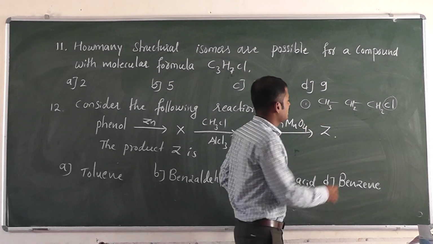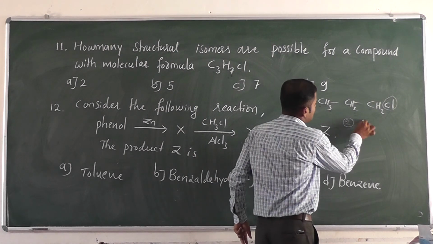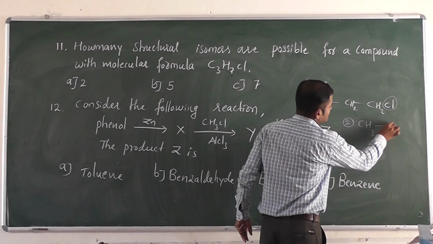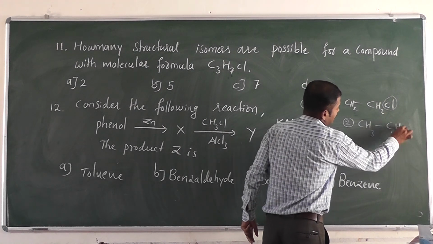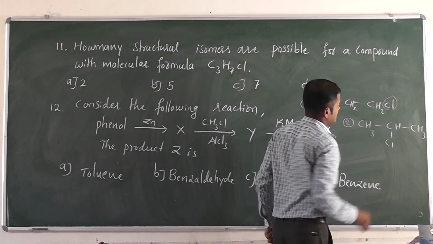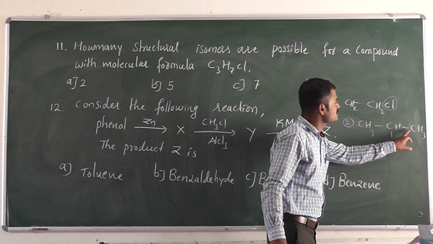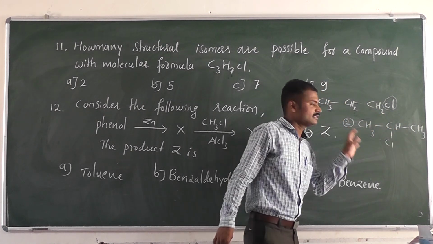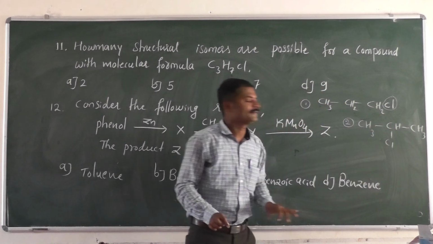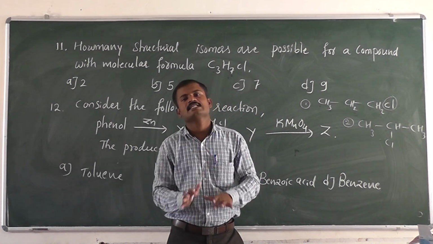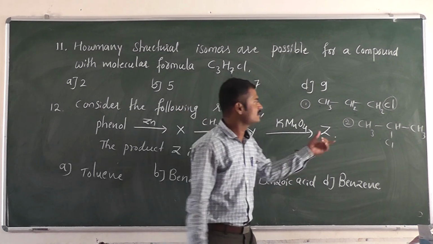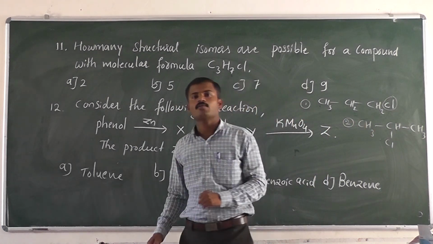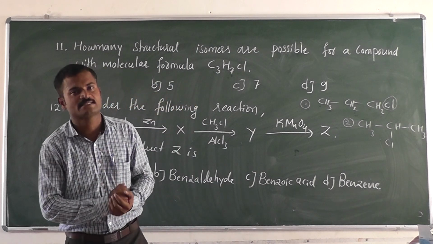But in the next structure I am going to write CH3 CHCl CH3. The number of carbon atoms is 3, hydrogen is also 7, and chlorine is 1. So there is no change in the molecular formula, but there is a change in the structural formula.